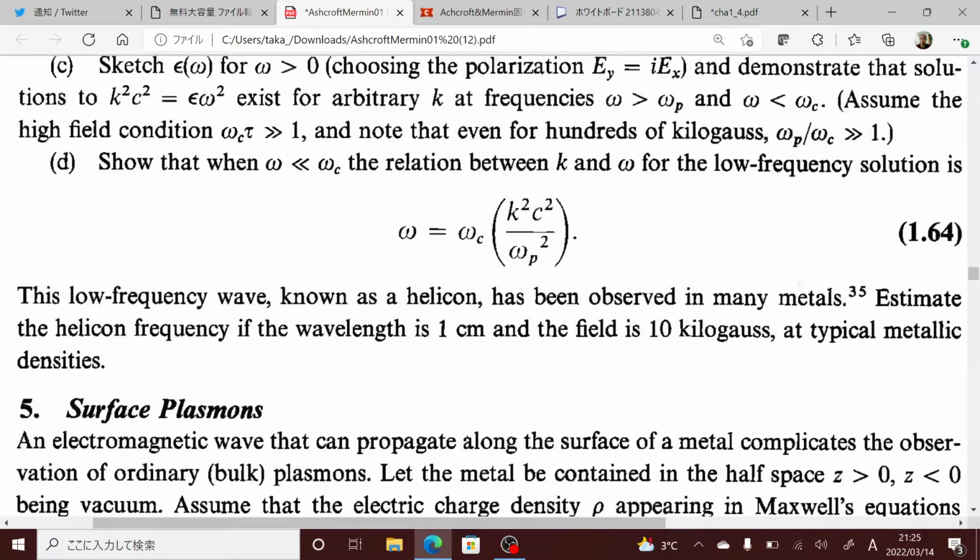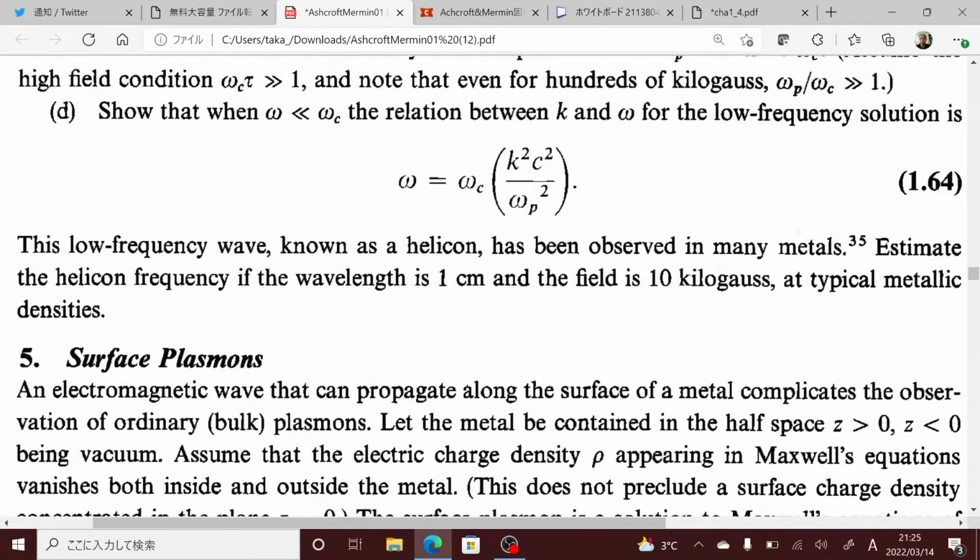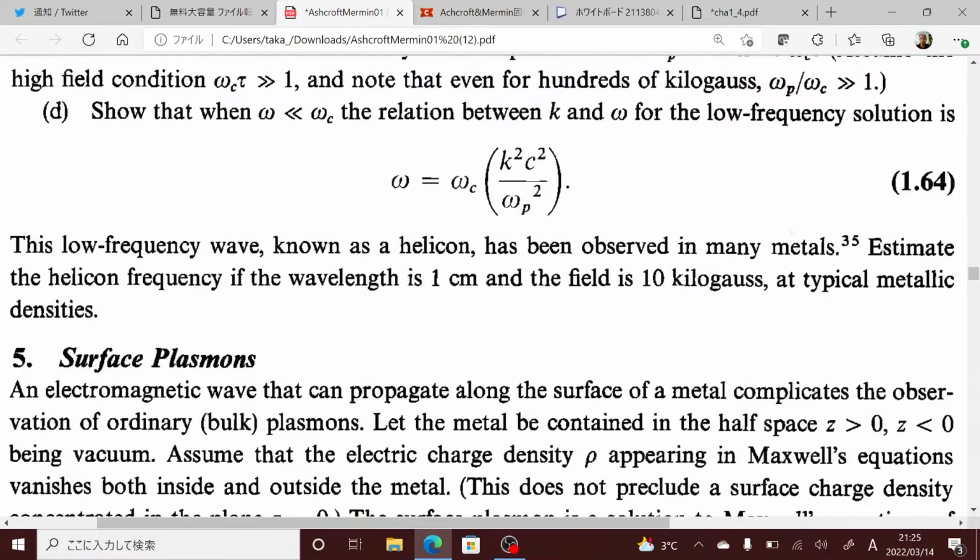This low frequency wave, known as a helicon, has been observed in many metals. Estimate the helicon frequency if the wavelength is 1 centimeter and the field is 10 kilogauss at typical metallic densities.